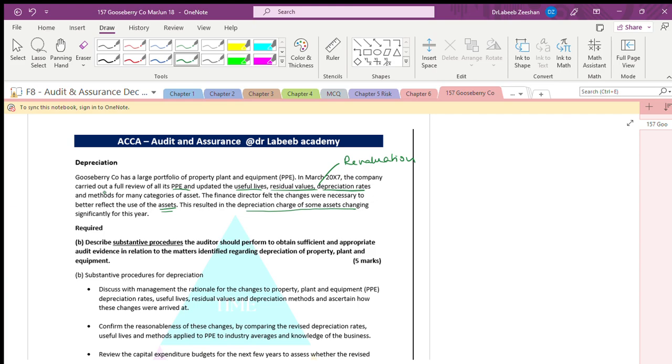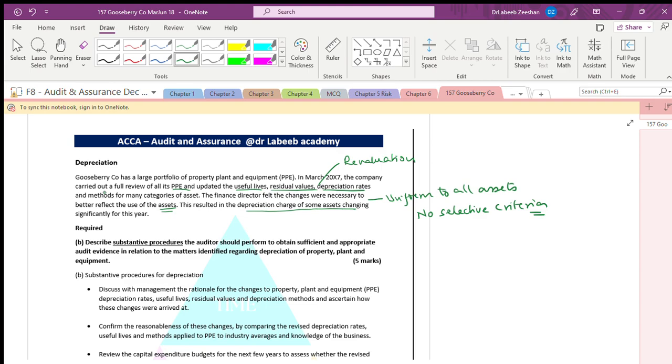When you have any policy, it has to be uniform for all assets. There should be no selective criteria. If we are doing revaluation, we have to do it for all.